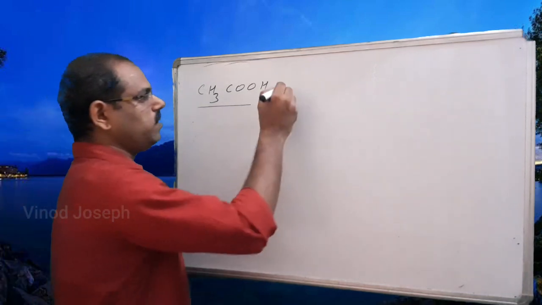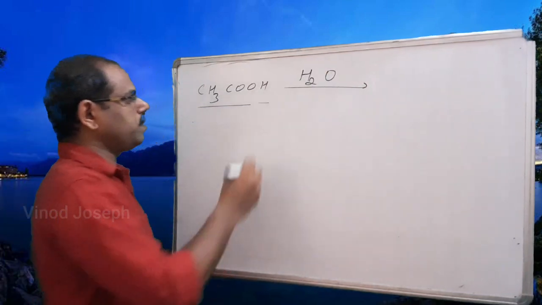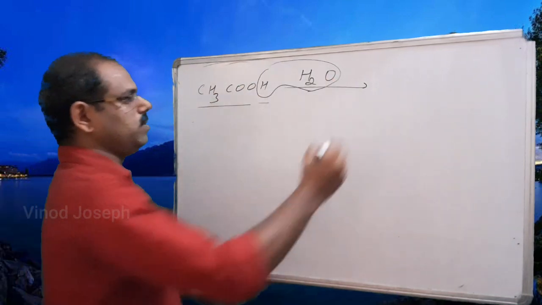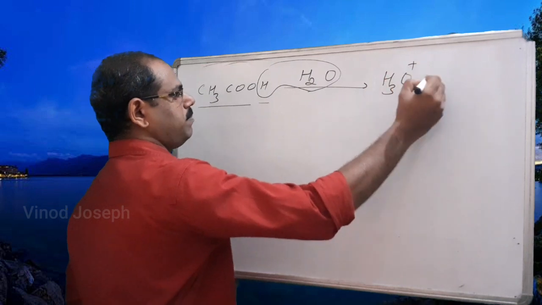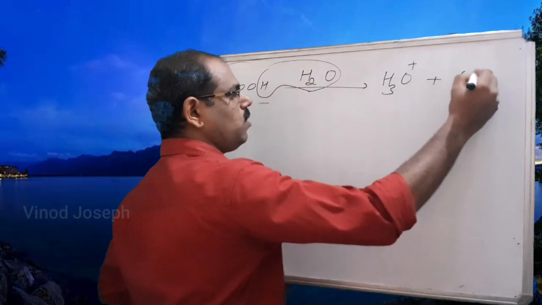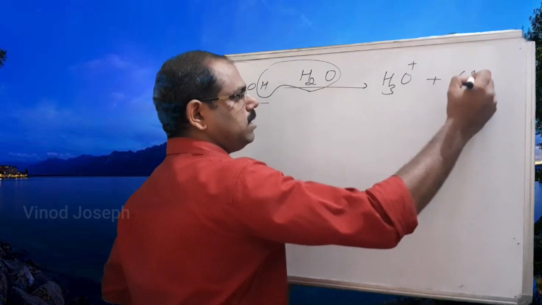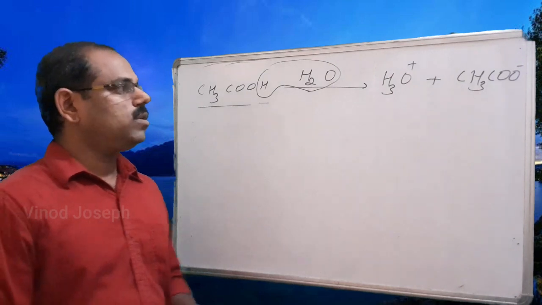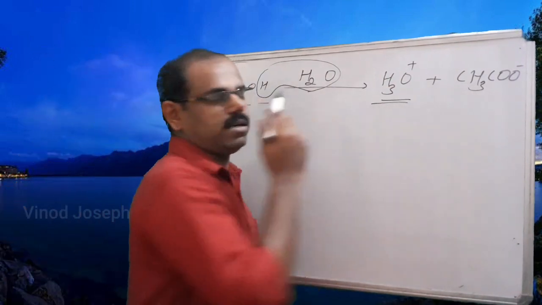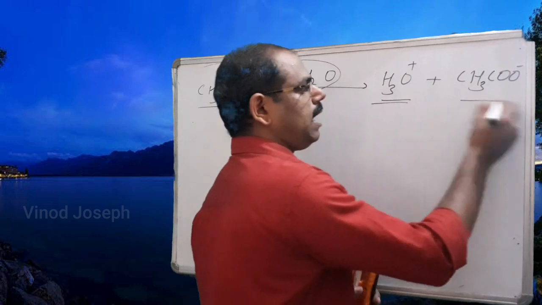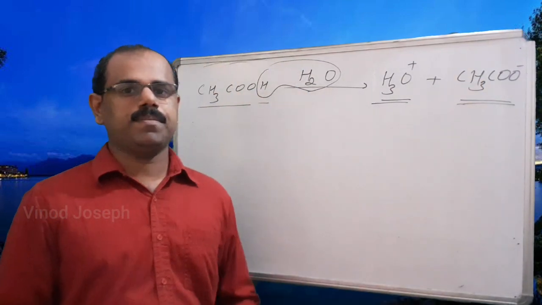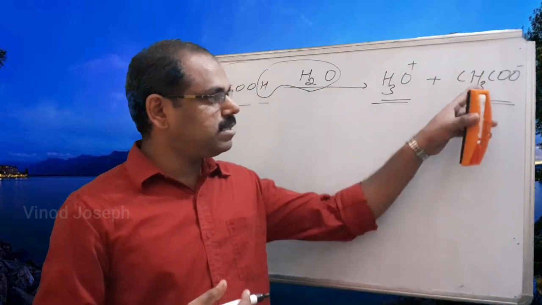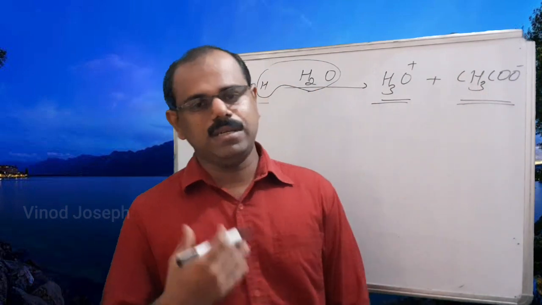While in water, what happens? This hydrogen goes with water and produces H3O plus and CH3COO minus. So we see here only one hydronium ion is produced and another negative ion is produced. The hydrogen atoms present in this negative ion are not going to be dissociated.